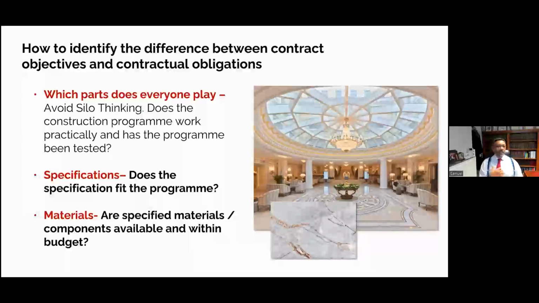So the first question here to ask is, what part does everyone play? If you're a member of the design team, the project team, the construction team, as we all know, it's a team effort. No one person goes and starts a project and delivers it by themselves. It's just like playing football. So who is doing what?